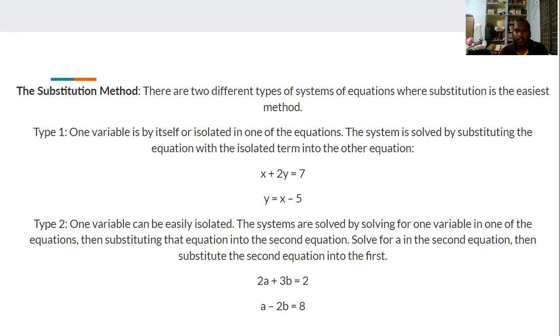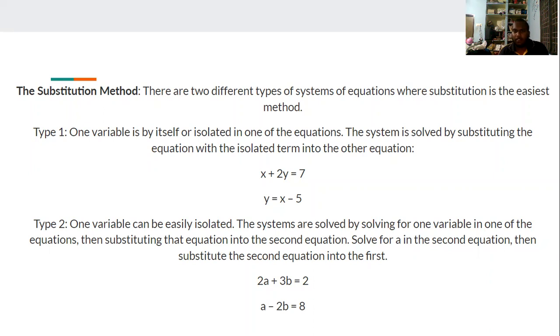So here, in type 2, the one variable can be easily isolated.